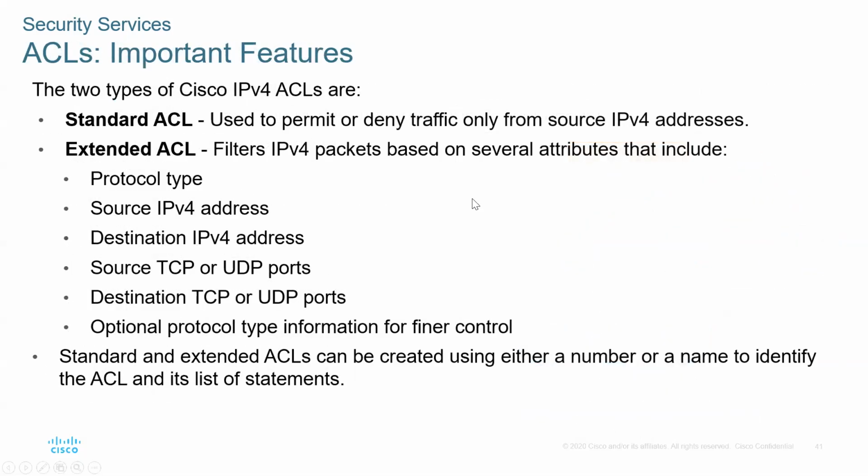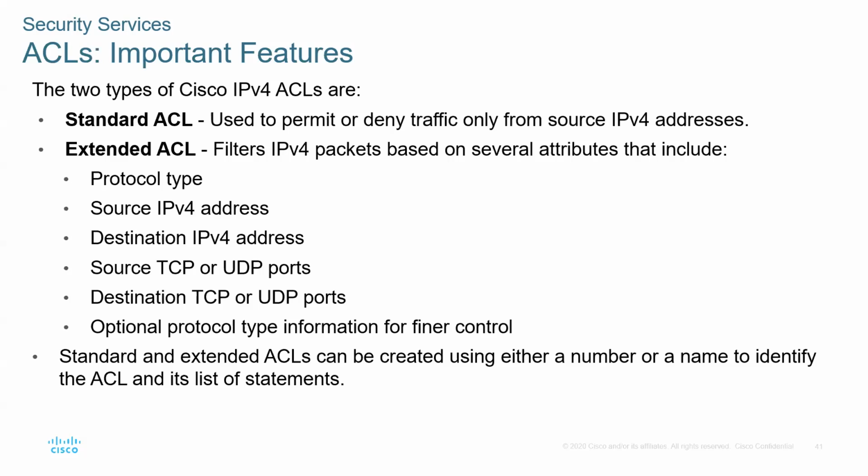Some important features of ACLs: you have the standard ACLs, which is just going to either permit or deny traffic from a particular IPv4 address. Then you can get into an extended ACL, which is going to allow you to determine the protocols that are running over that IP address. What are the source IPs, destination IPs, being able to do source TCP and UDP ports as well as destination, and then optional protocol type information for even finer control.